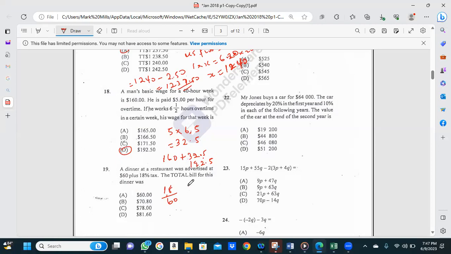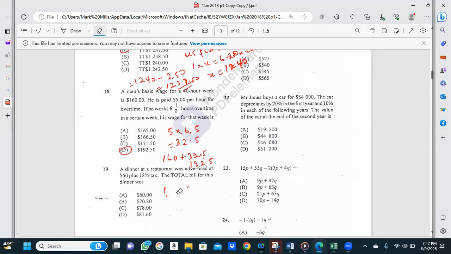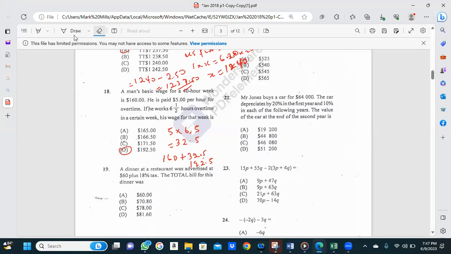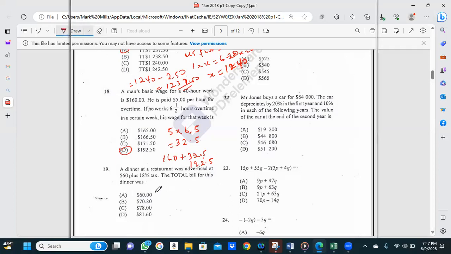So why is it 18 over 60? It will be 18 over 100 times 60, right? We work it out.